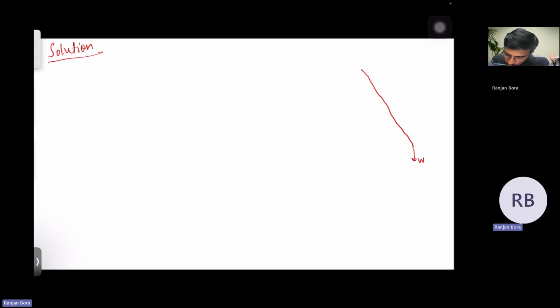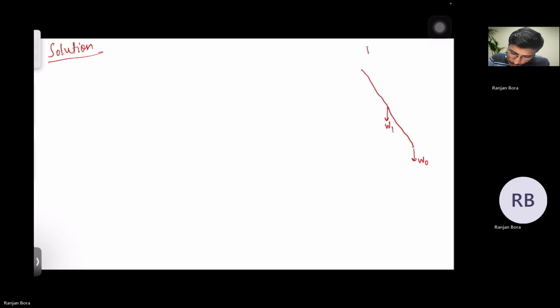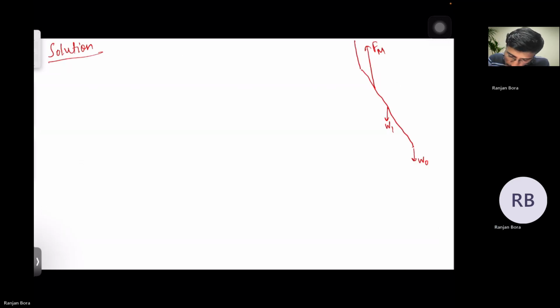W0, then W1, and Fm. Fj, Fc, and this is point O. Okay.